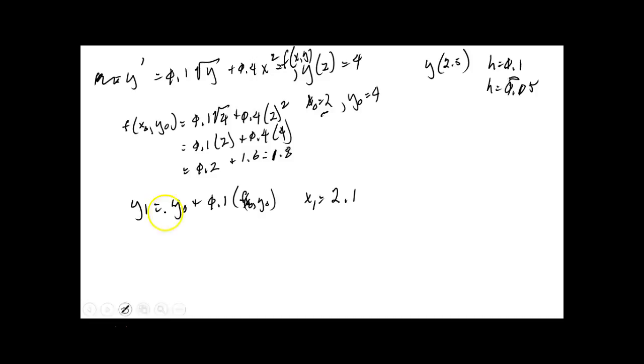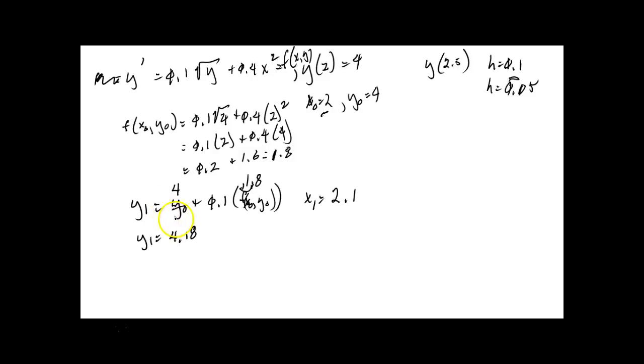Your y1 is going to be, your y0 was 4, plus 0.1 times this, and the f of x0 was 1.8. So your y1 is equal to 4.18. We had done that before.